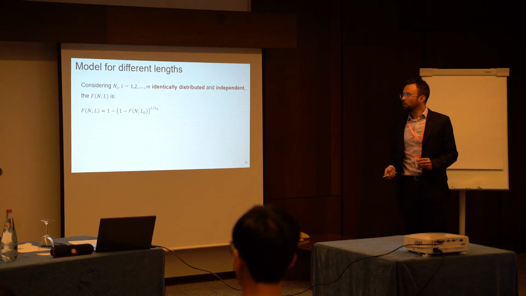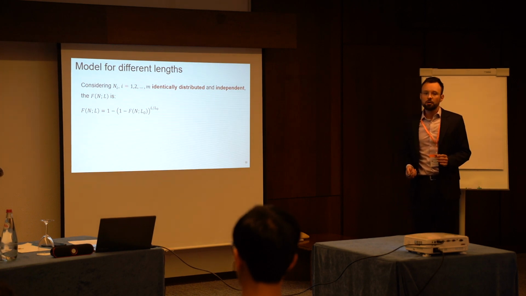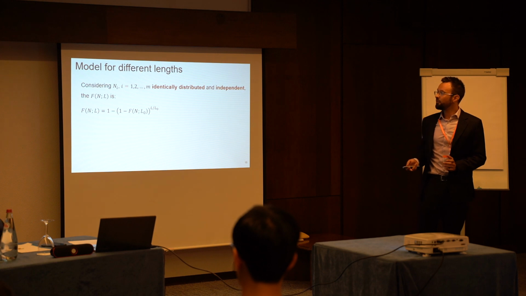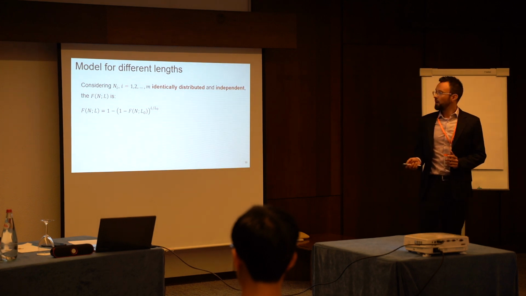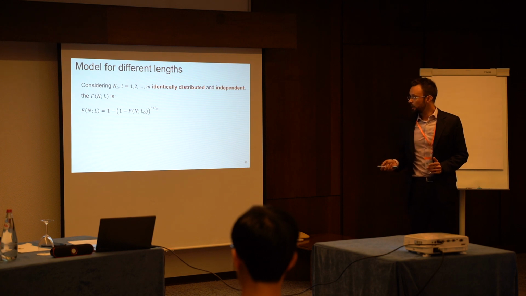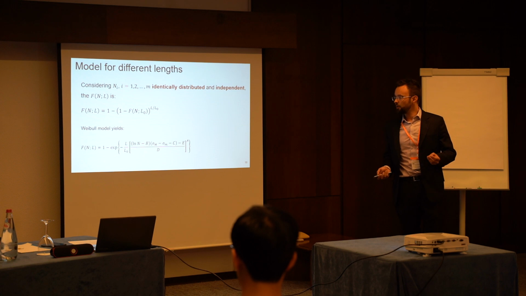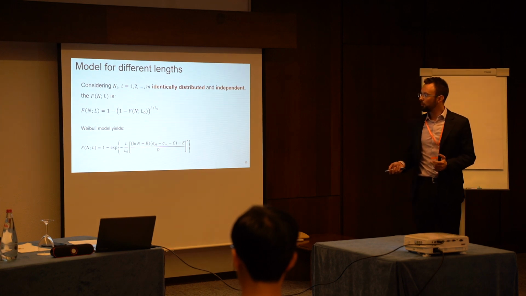Also, the model is based on the weakest link principle, which considers fatigue lives identically distributed and independent. Here is the relation between the short and longer cables. And here, considering a Weibull distribution, is the probability of failure of a longer cable.